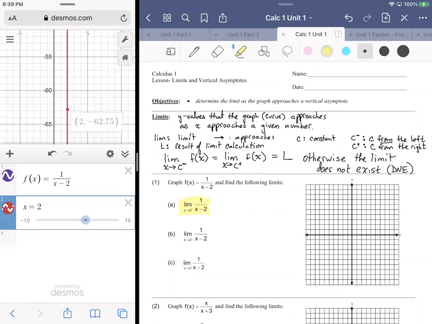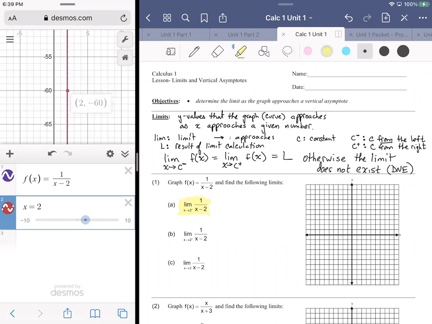Well, it seems to be, well, it says 2 here. That's unfortunate because it's not really a 2. What's happening is your point is so close to 2 that it's indistinguishable, but it's actually not equal to 2. I can actually show that to you really quickly because at the y value where it's -60, it's saying that x is equal to 2.